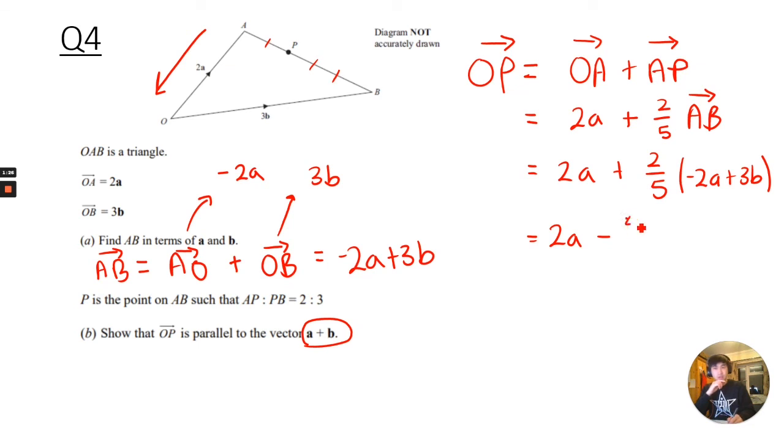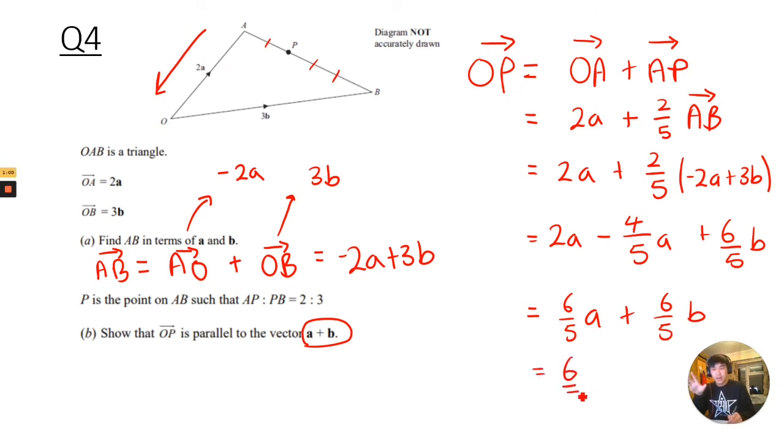So 2 times 2 is going to be 4/5 of A plus 2 times 3B, so 6/5 B. And this will be 6/5 of A plus 6/5 of B. And if I factorize this, then I get 6/5 on the outside and A plus B in the brackets.